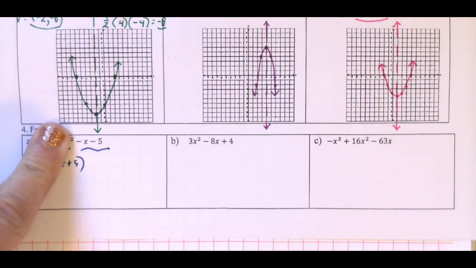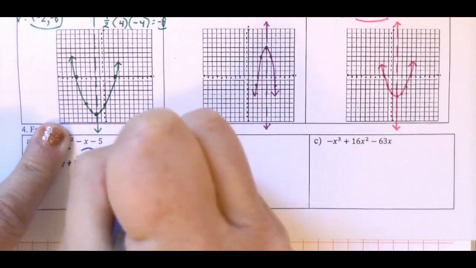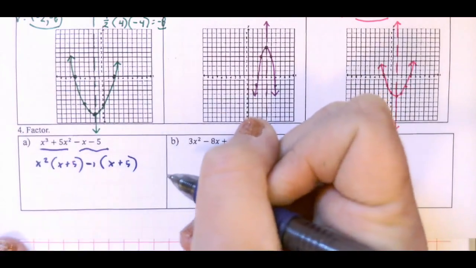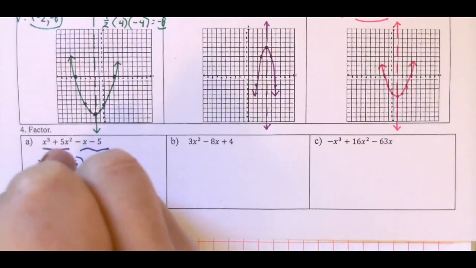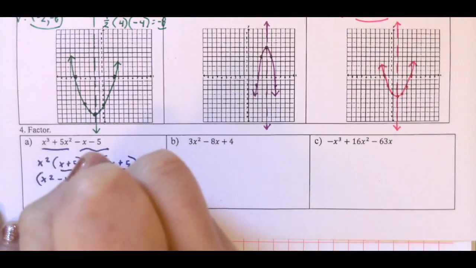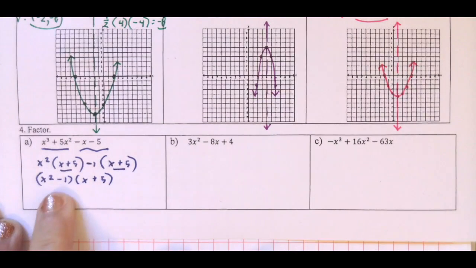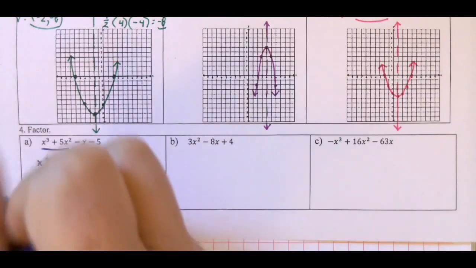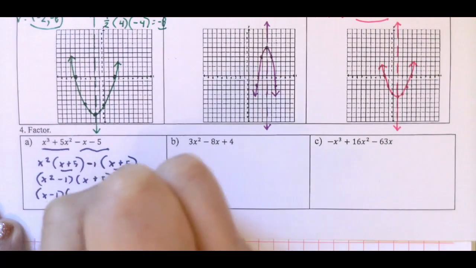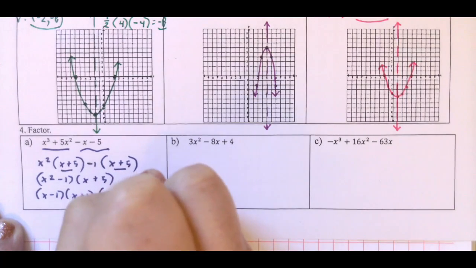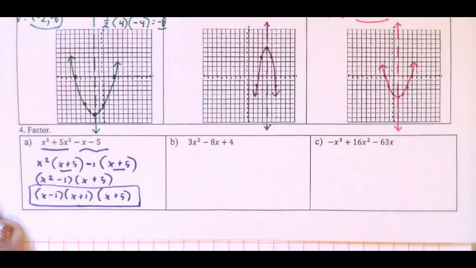Okay, over here I can divide out a -1, leaving behind that same x plus 5. These match. We can reorganize it as x squared minus 1 times x plus 5. But I'm not done because I recognize this as a difference of 2 squares. So x minus 1 times x plus 1 times x plus 5. Fully factored.